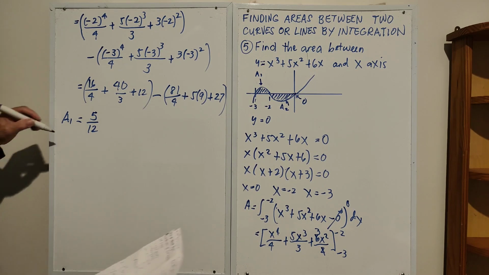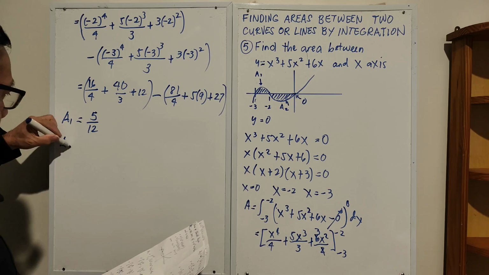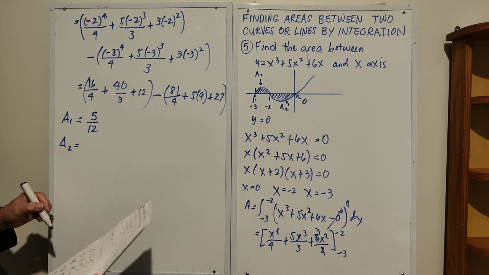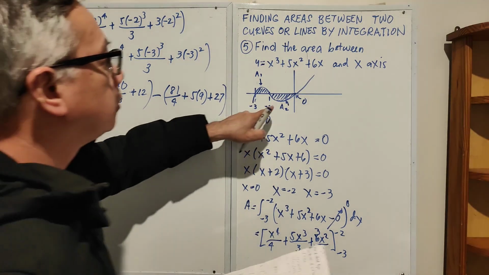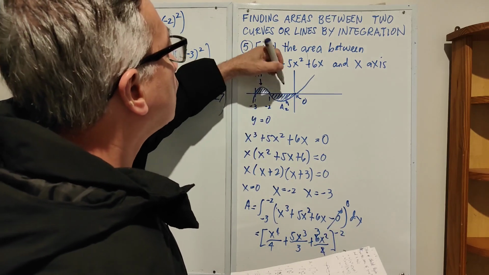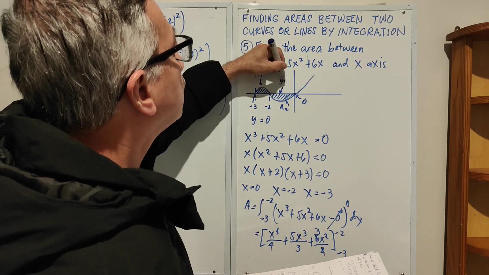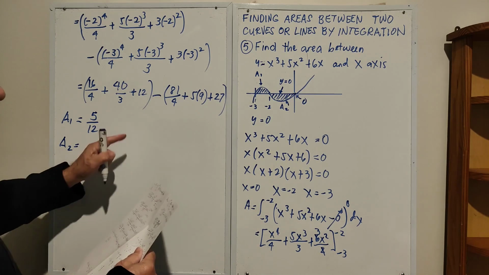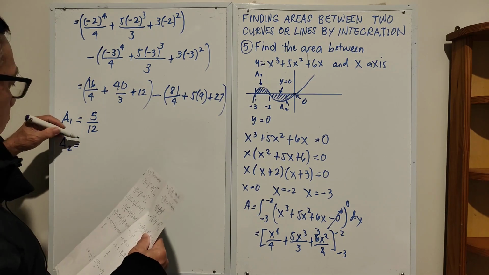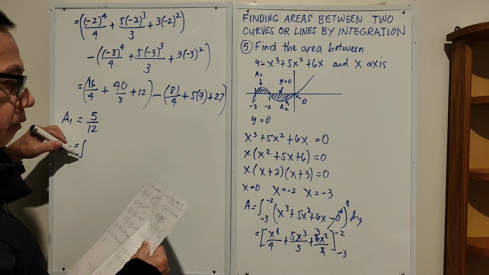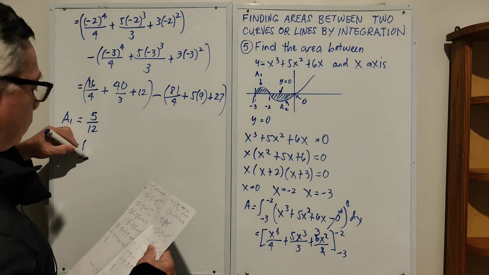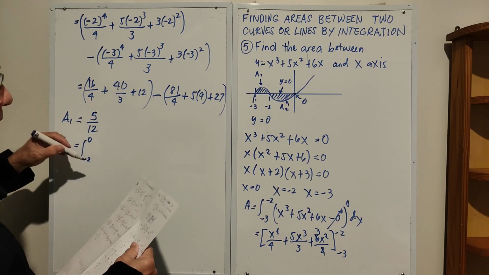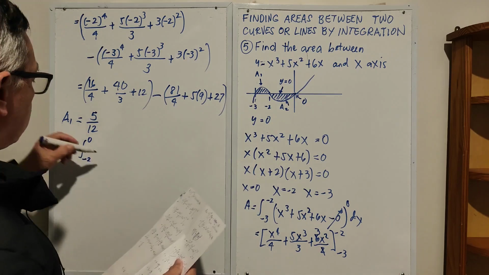Now area 2. The top one is y equal to 0, so that will be top minus bottom, evaluated from negative 2 to 0.